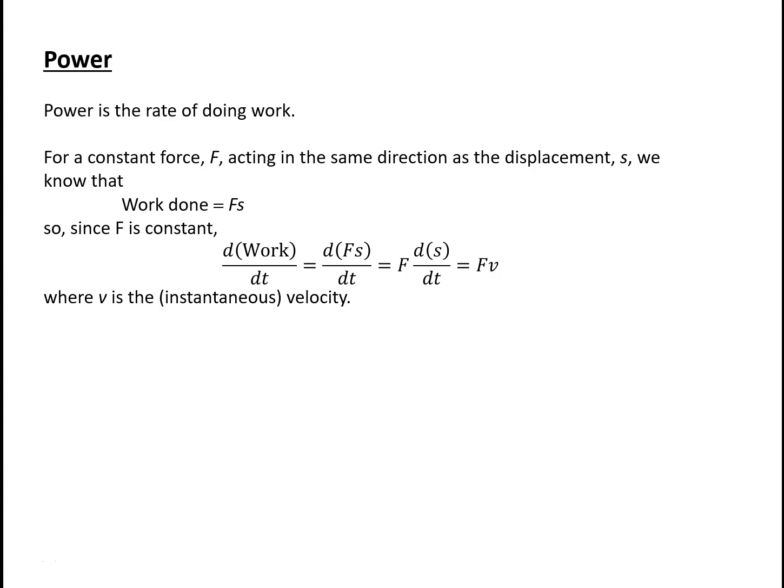So we've got the power is F times ds by dt, but ds by dt is the rate of change of the displacement, which is precisely the velocity. So we've got the power developed by a force is equal to the force times the velocity, if the force is acting in the same direction as the motion.